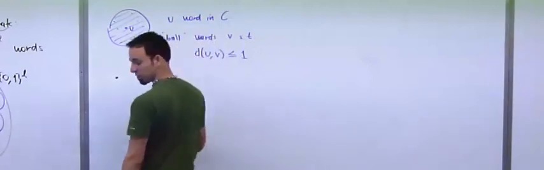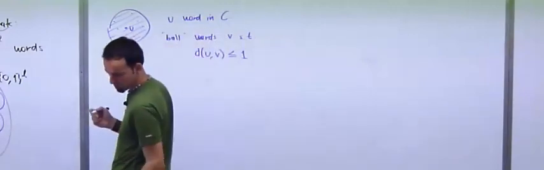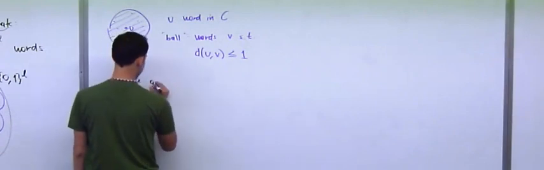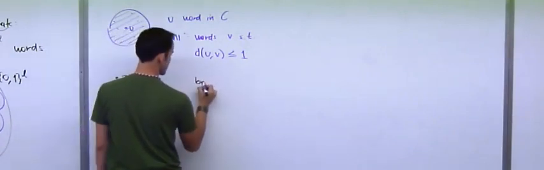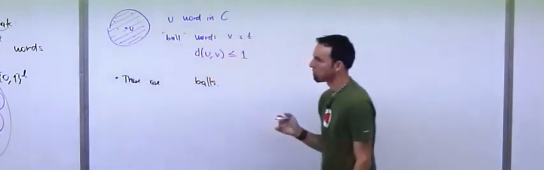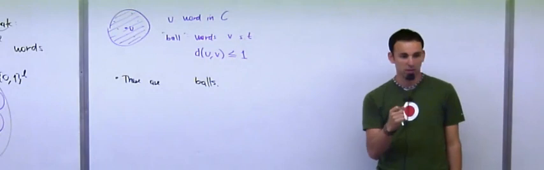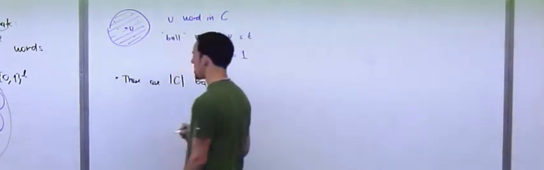Now, this is what I want to say. How many balls are there? Well, I have one ball for each word in my code. So the number of balls is the number of words in the code.